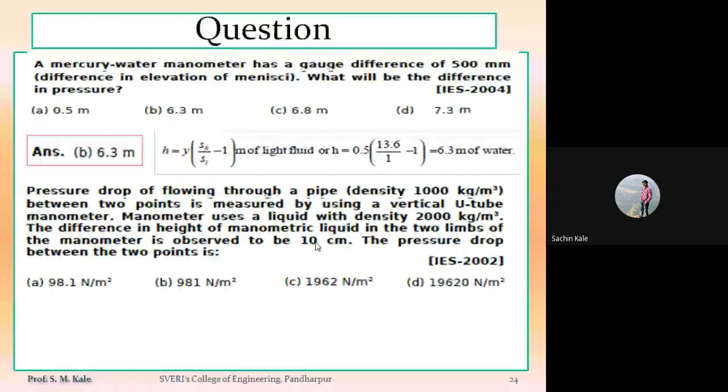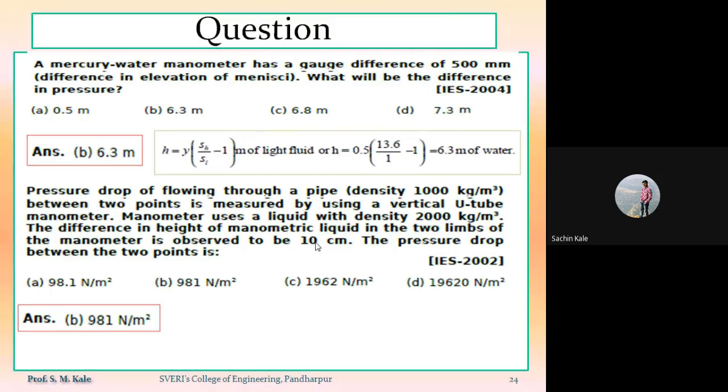Shall I show the answer? Some students have written answer A, some students have written answer B. Shall I show the answer? So the correct answer is B, that is nothing but 981 Newton per meter square.